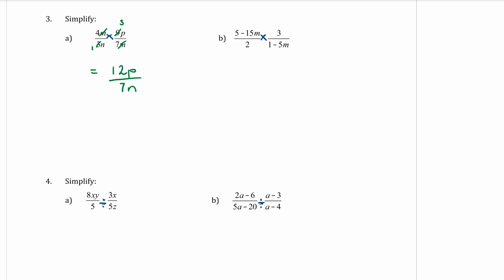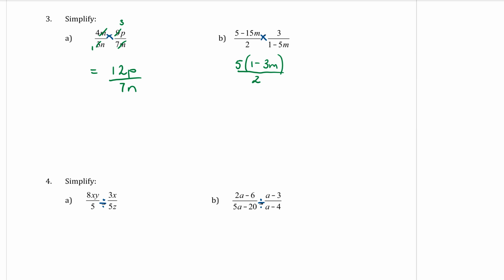Question B, I have 2 terms. See the 2 terms sneaking into my fractions there? So let's see if we can factorize first. On the top of the first fraction, I can bring out a common factor of 5, which would give me 1 take away 3m over 2.